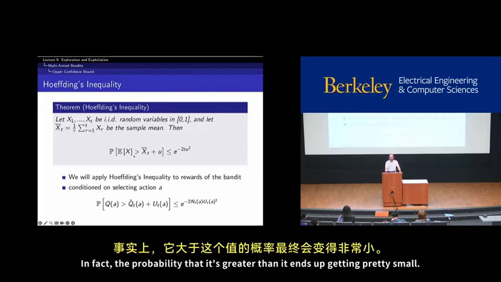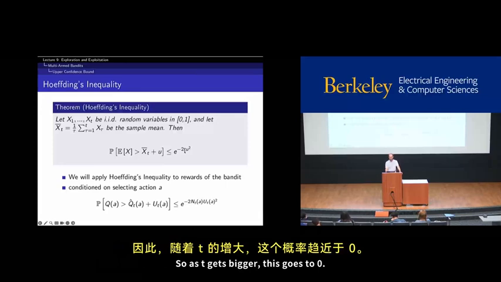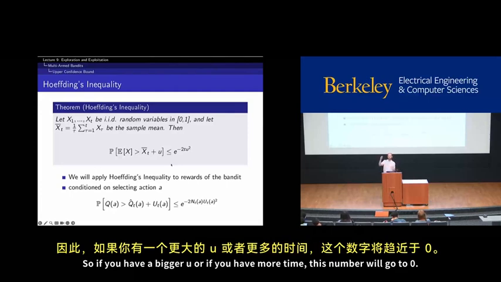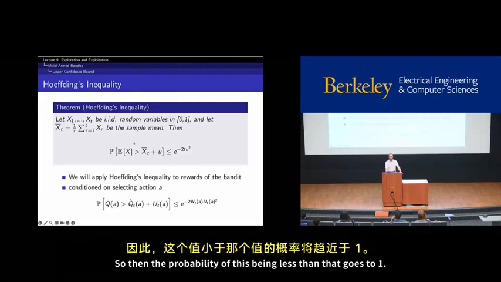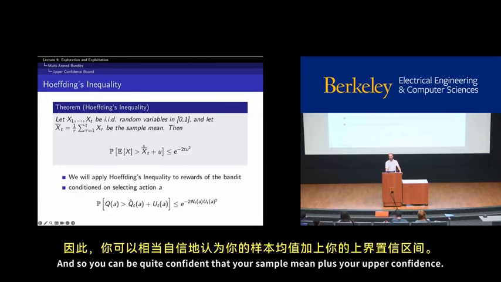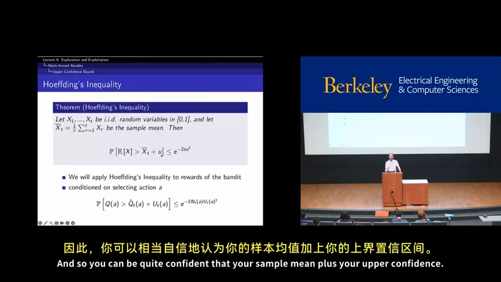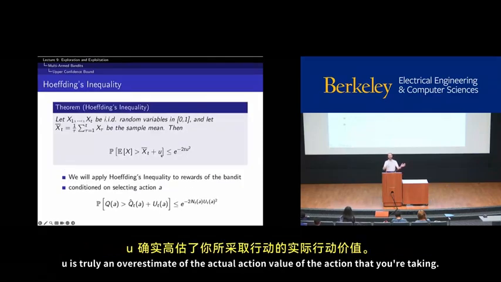In fact, the probability that it's greater than it ends up getting pretty small. So as t gets bigger, this goes to 0. As u gets bigger, this goes to 0. So if you have a bigger u, or if you have more time, this number will go to 0, so the probability of this being less than that goes to 1. And so you can be quite confident that your sample mean plus your upper confidence u is truly an overestimate of the actual action value of the action that you're taking.